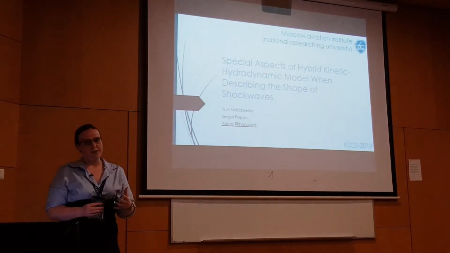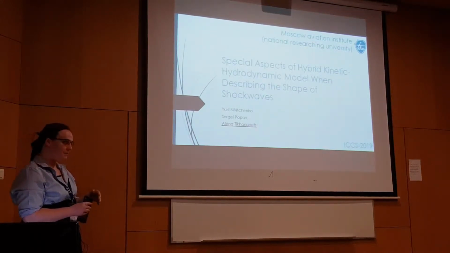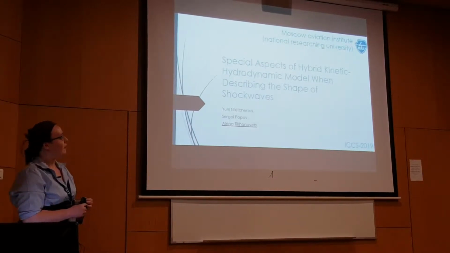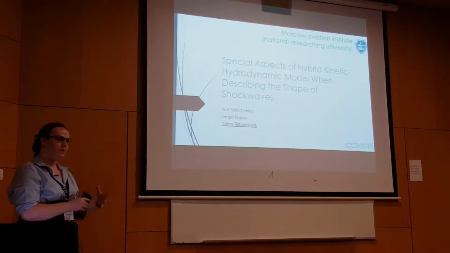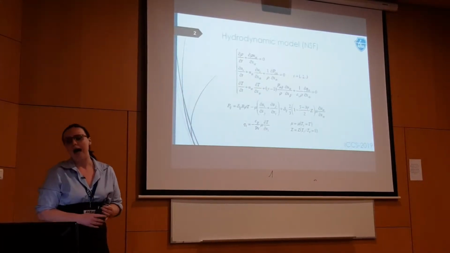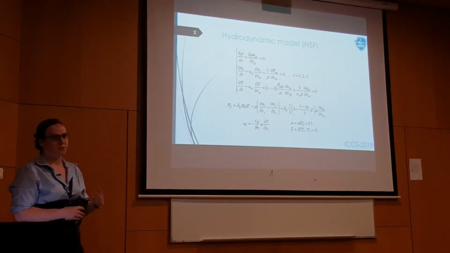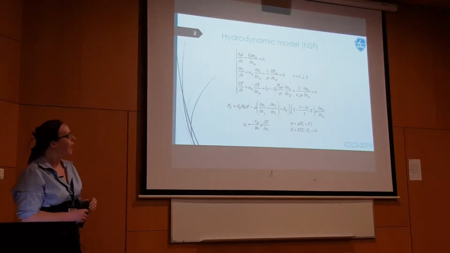And one of the areas to which our work belongs is the hybridization, or combining, of the hydrodynamic and kinetic models. For the hydrodynamic model, we use the Navier-Stokes-Fourier model, and the equations you can see here.